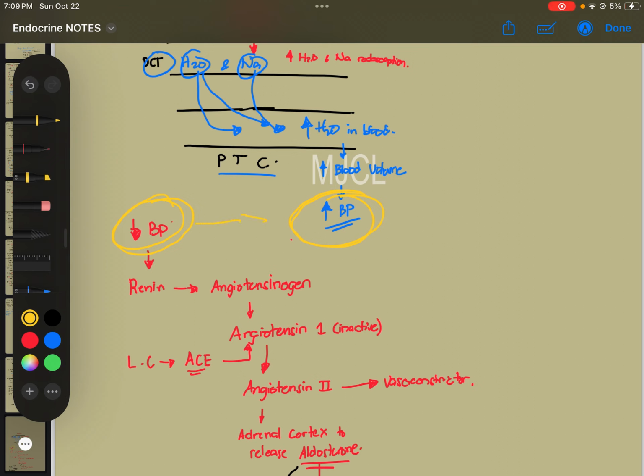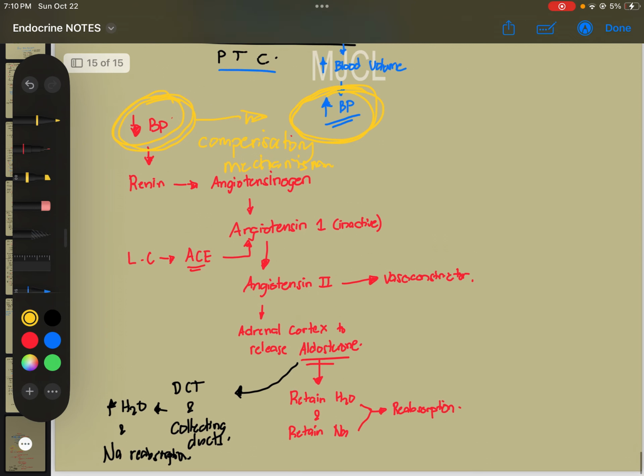So in reality, class, this is just a compensatory mechanism, because it compensated for the decrease in blood pressure, the initial decrease in blood pressure, by increasing the blood pressure through your renin-angiotensin-aldosterone system.